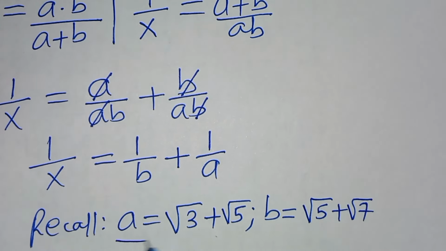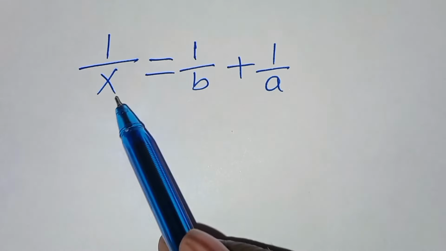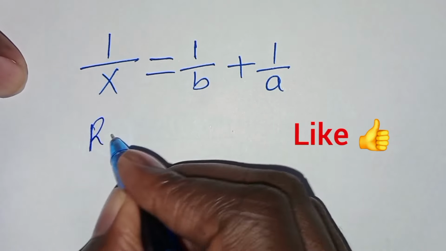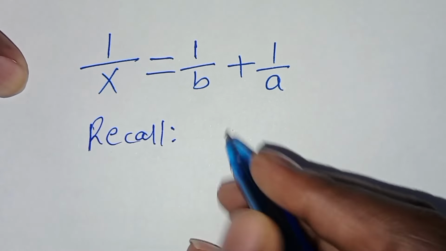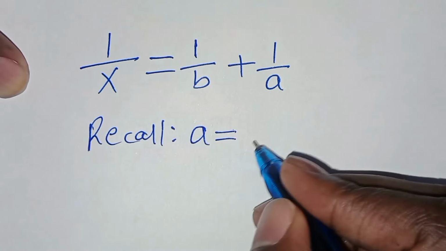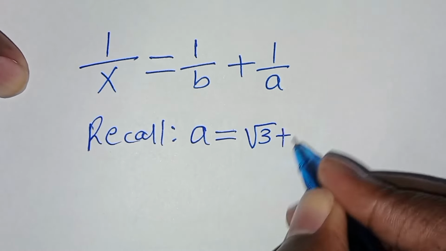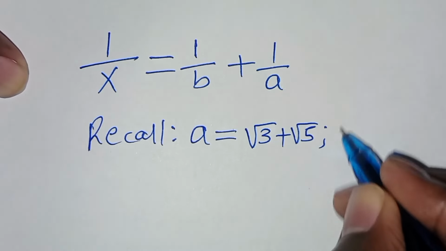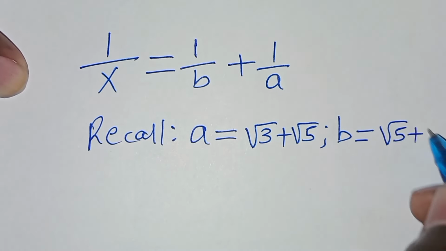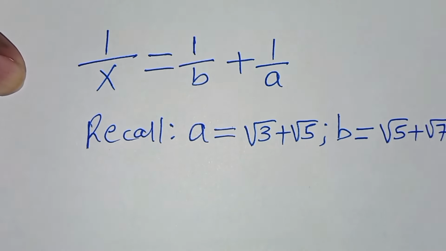So substituting, 1 over x is equal to 1 over b plus 1 over a. And if you recall here, we said that a is equal to square root of 3 plus square root of 5, and we said that b is equal to square root of 5 plus square root of 7.